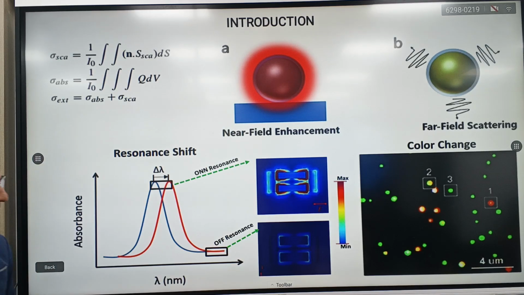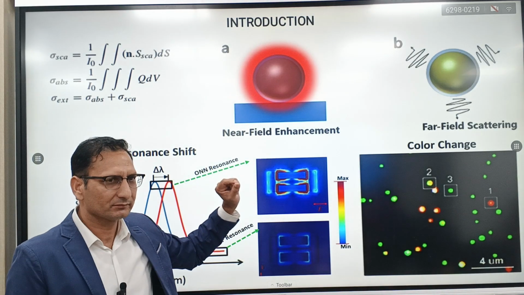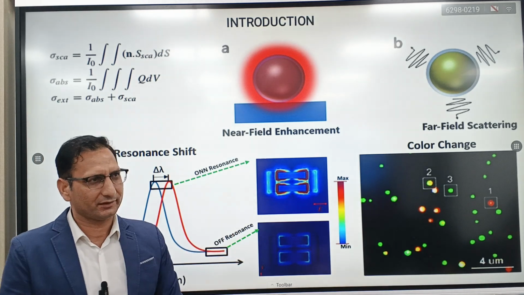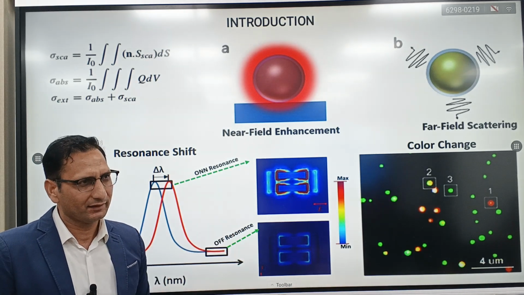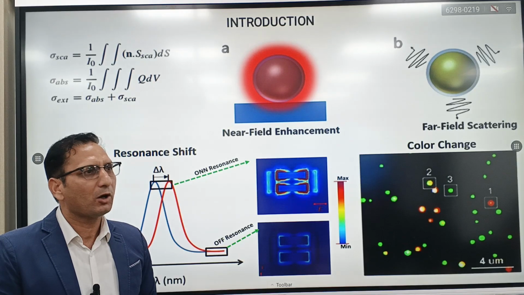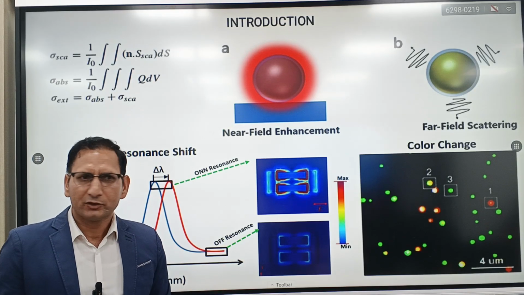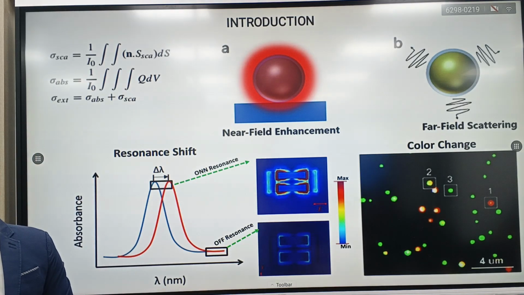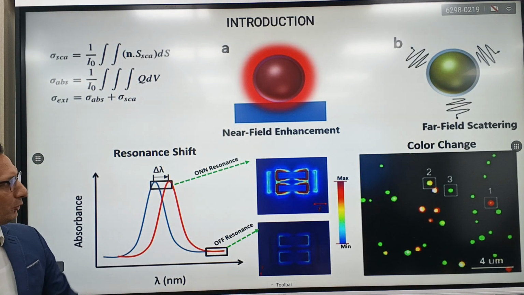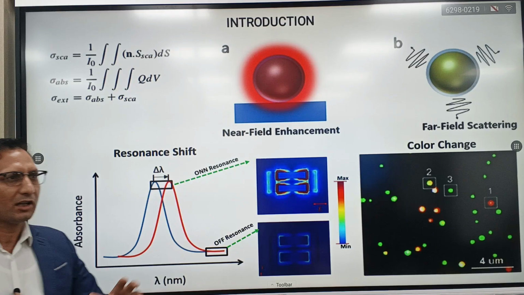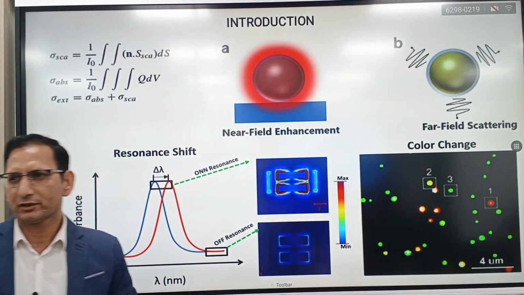Imagine that this is a particle and light is interacting. What can it do? Either it absorbs or it can scatter. Only two possibilities. Based on these two possibilities, you can get a lot of applications in industry.